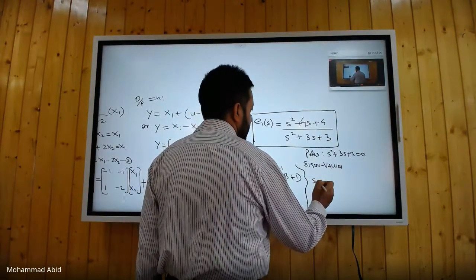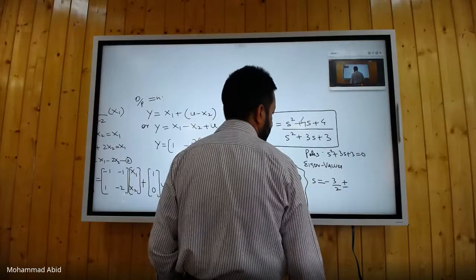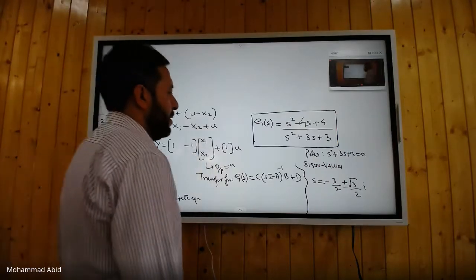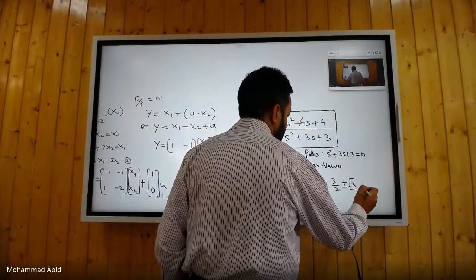Tell me what is this? सर माइनस 3/2 प्लस माइनस अंडर रूट ऑफ 3/2 आयोटा. Minus 3 by 2 plus minus under root of 3 divided by 2, j. आयोटा की जगह हम j लिखेंगे, ठीक है?